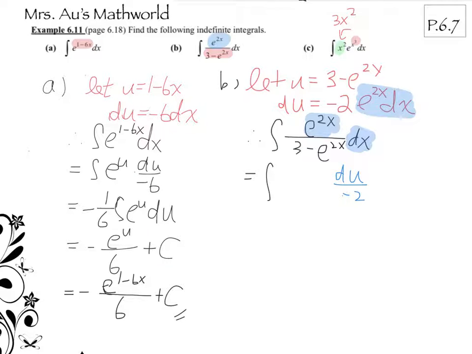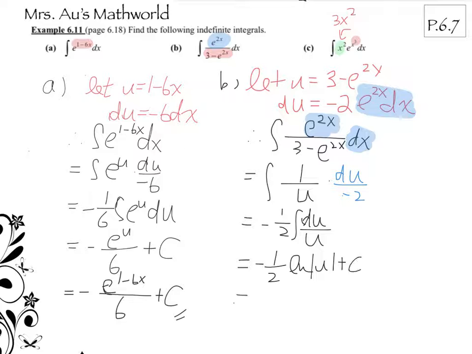Remember, substitute all the things at one time. So this is 1/u, and you will get negative 1/2 du divided by u. Then you get log, and substitute 3 minus e to the power 2x plus c.